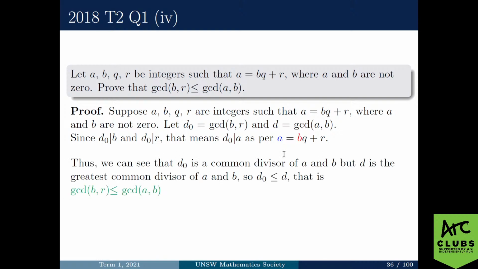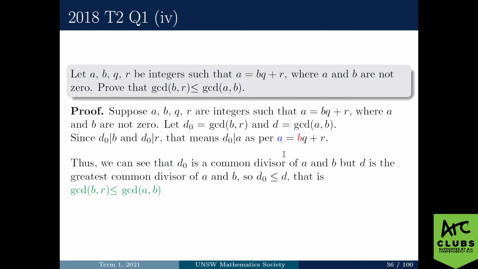And so because we understand that D is the greatest common divisor, any other common divisor of A and B must be smaller than or equal to it. And because D0 is the divisor that we're working with, D0 must be less than or equal to D.